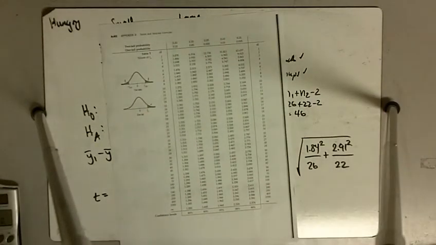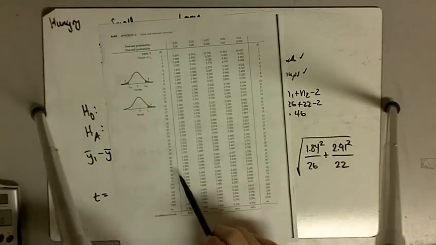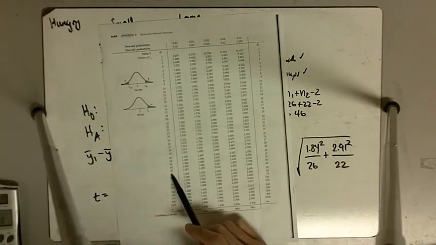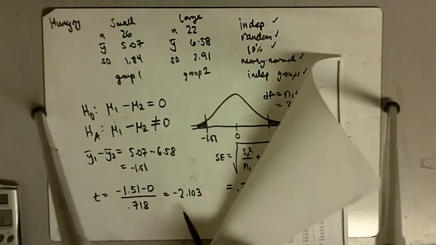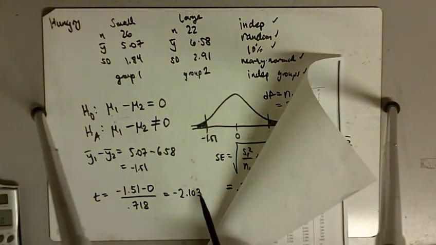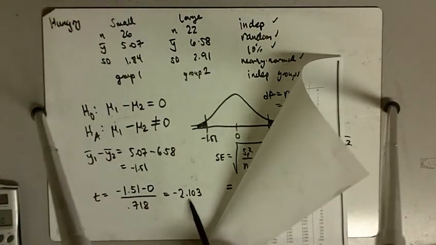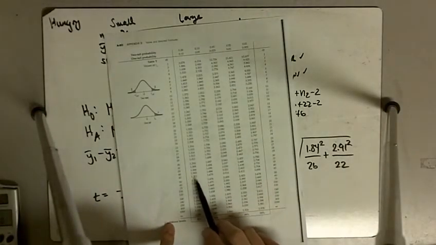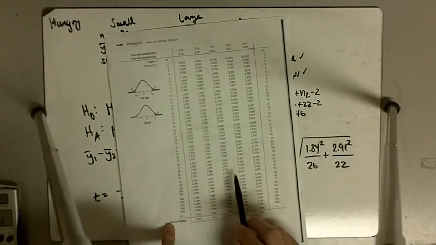So we can't find 46 degrees of freedom, but the closest we can find is 45 degrees of freedom. And we're looking for a t-value of negative 2.1. And again, the t-table only gives us positive values, so we're going to look up positive 2.1. And we see that for 45 degrees of freedom, positive 2.1 is in between this column and this column.